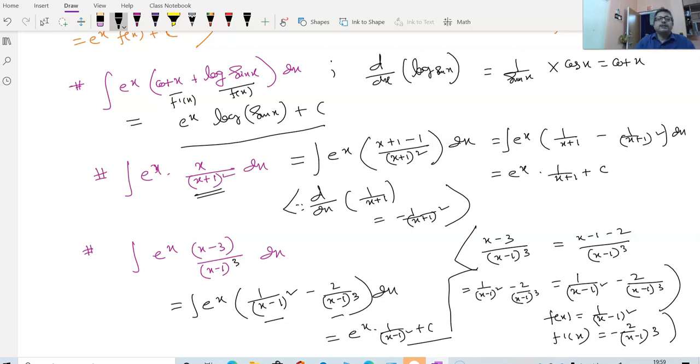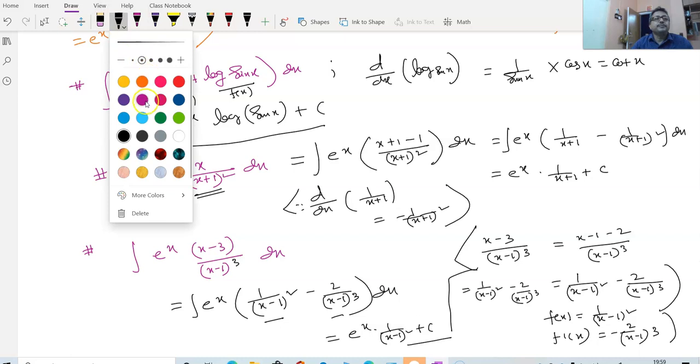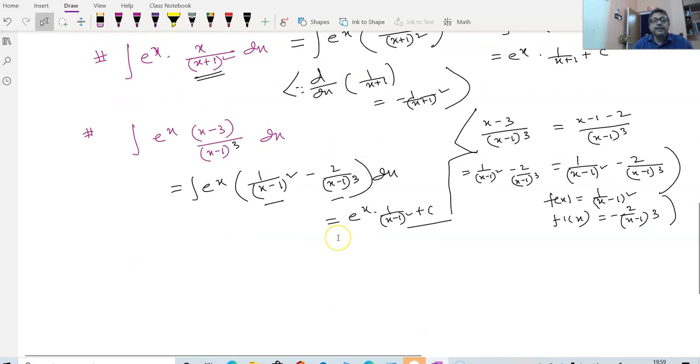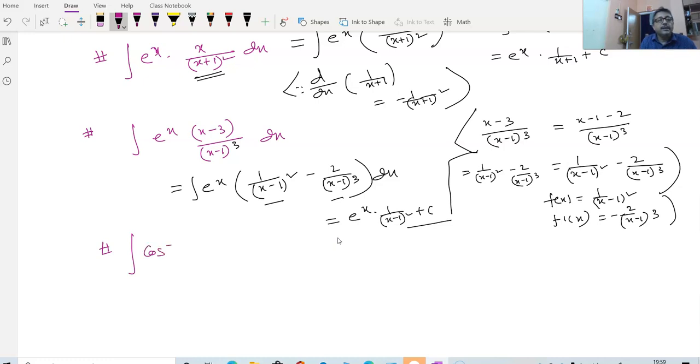Just one more type I need to discuss, might be given in your textbook, where there is a function given in the form of an inverse trigonometric function. Like, say it is given cos inverse of 2 by (1 plus x square). How do you do it? There is no formula for cos inverse of this form. So what will you do in the first step?